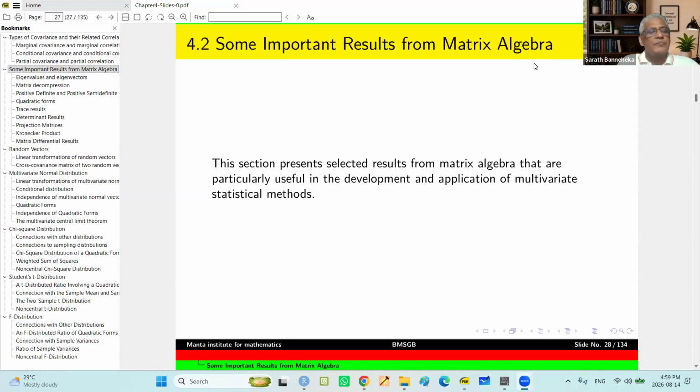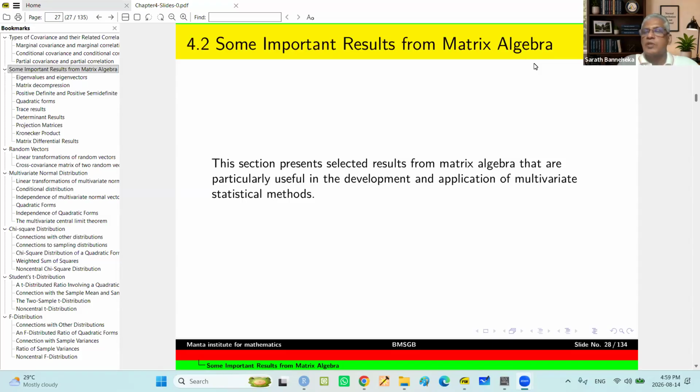In this section, I will present some results and definitions, for example, under eigenvalues and eigenvectors, matrix decomposition, positive definite and positive semi-definite matrices, quadratic forms, trace results, determinant results, projection matrices, Kronecker product, and matrix differential results.